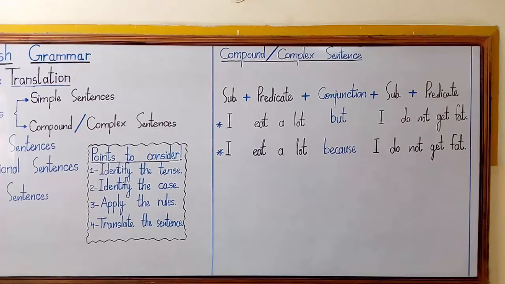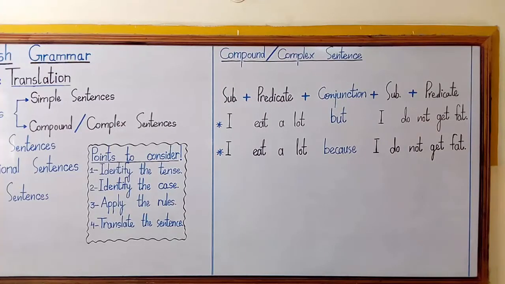I'm not going into the details of the difference between compound and complex sentences. I'll tell you later in some other lecture, but not now, because you will get confused. So let's leave it right now, but I will tell you later, I promise.